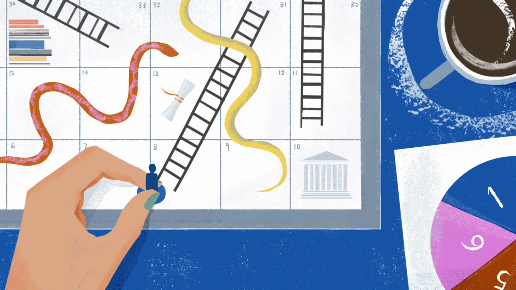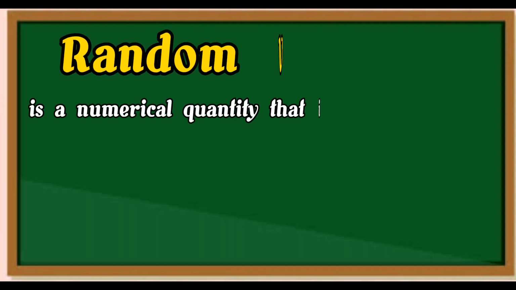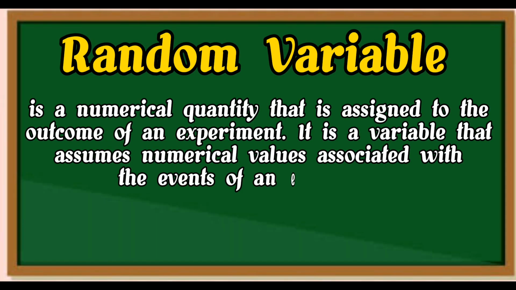Let us recall. A random variable is a numerical quantity that is assigned to the outcome of an experiment. It is a variable that assumes numerical values associated with the events of an experiment.